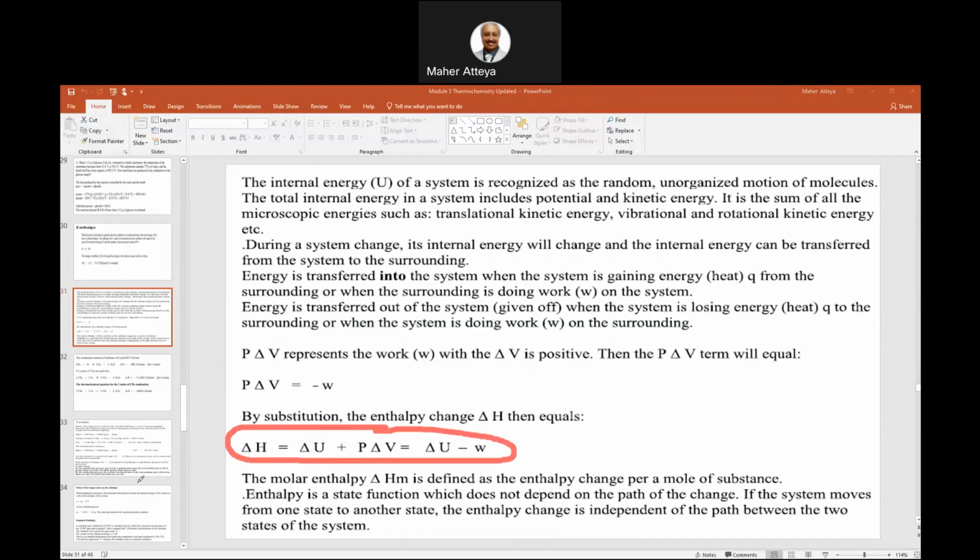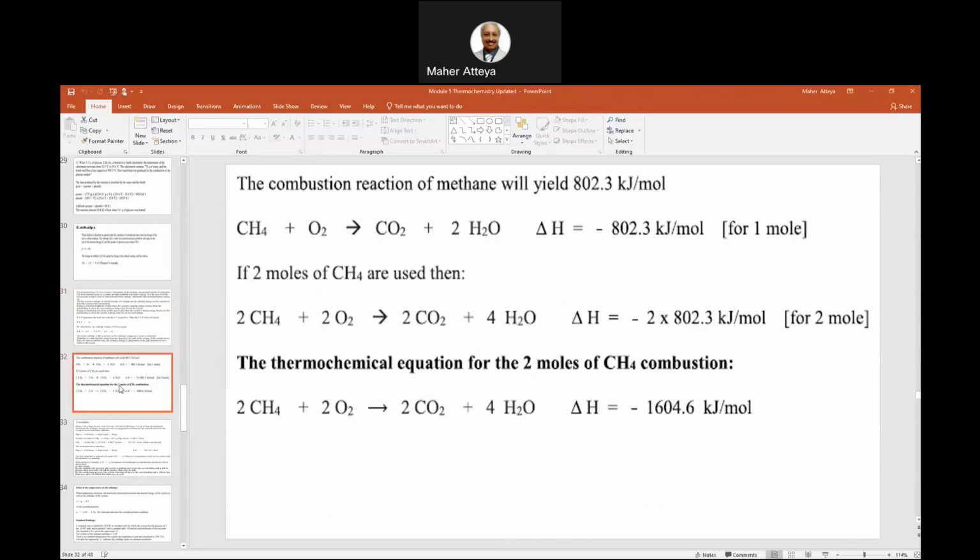Now I'll show you which one you need. Look at this example. This is a combustion reaction, and it yields this amount of heat. But remember, this is 1 mole, this is 1 mole, this is 2 moles.